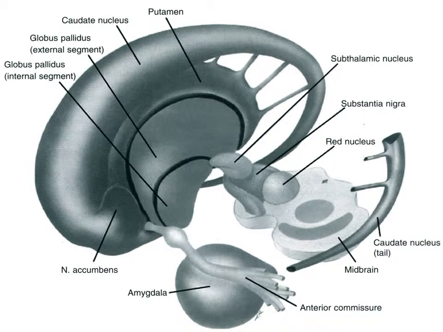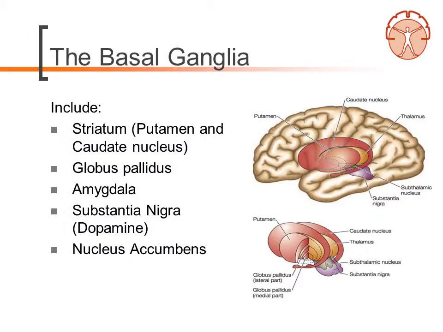They are organized anatomically and neurochemically so they can select and maintain motor behavior by suppressing conflicting activities while reinforcing ongoing behaviors. The basal ganglia include the striatum, the globus pallidus, the amygdala, substantia nigra, we'll talk about it soon, and the nucleus accumbens.